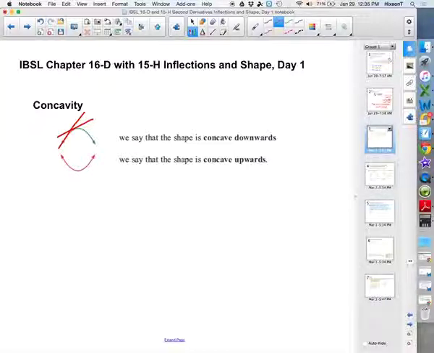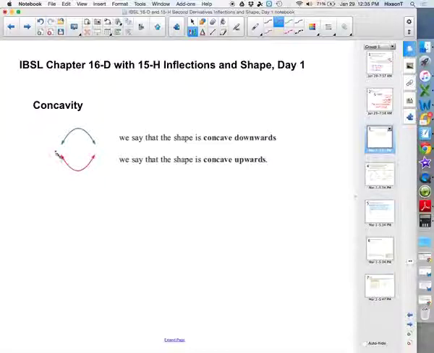It's still increasing, but what's happening? If our velocity is slowing down, then our acceleration must be negative. Okay? Our velocity is slowing down when our acceleration is negative. So we say it's concave down.